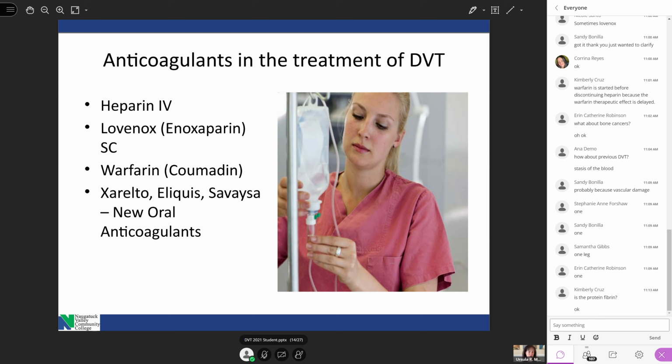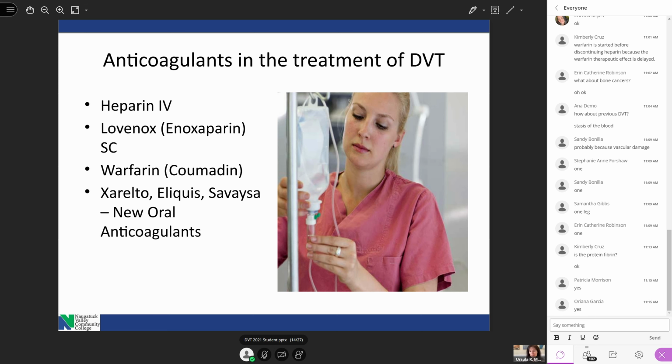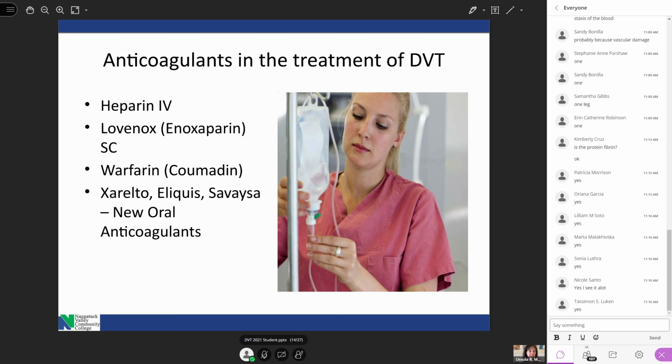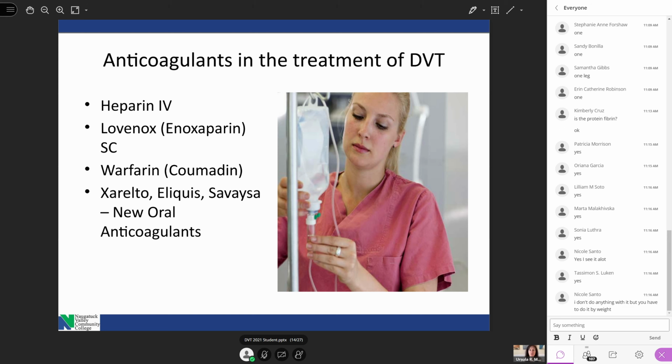Have any of you seen or had a patient on a heparin drip? You probably don't know a whole lot about it, but you know they're on one, because you're going to learn about heparin drips and how to calculate them, because there's a lot of math involved. You're going to learn that next year at the senior level. I love heparin drips, by the way.